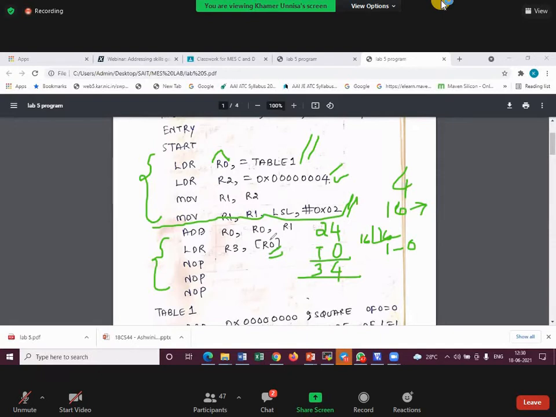So any register in the square bracket means that it is a pointer. So now R0 is actually pointing to the address 34. Now this 34 is having the value of 4 square, which is 16, and this value will be stored in the R3. Is the logic clear? Yes, ma'am.